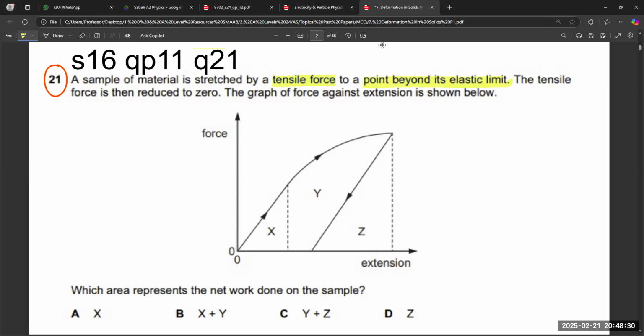So let's suppose a sample of material is stretched by a tensile force, like a single line force, to a point beyond its elastic limit. The tensile force is then reduced to zero. This is the concept of loading and unloading, because when we apply force, this is the case of loading, and this is unloading.